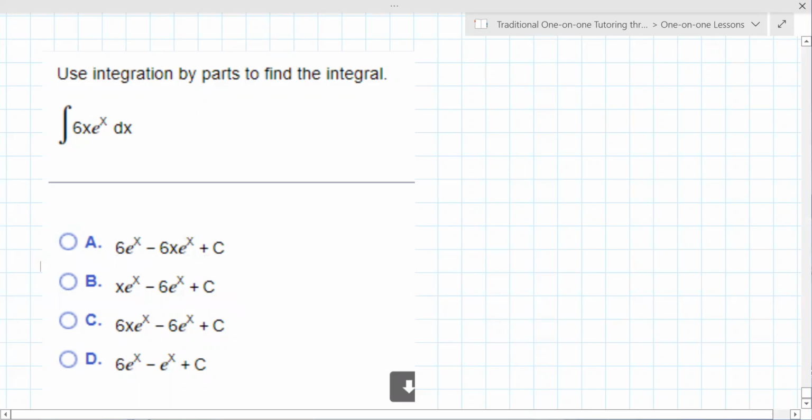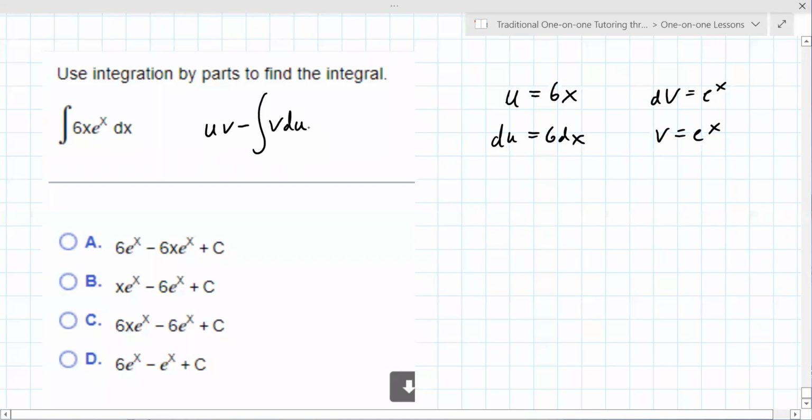All right, let's do it the other way, which is integration by parts. So it's u equals 6x, dv equals e to the x. So du is 6 dx and v is e to the x. So the integration by parts is uv minus integral v du. And that's 6x e to the x.